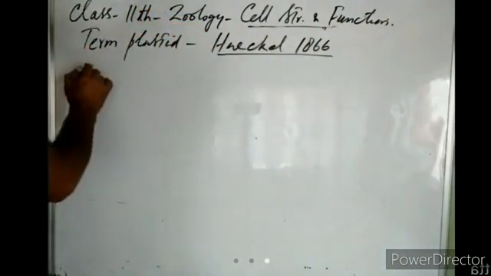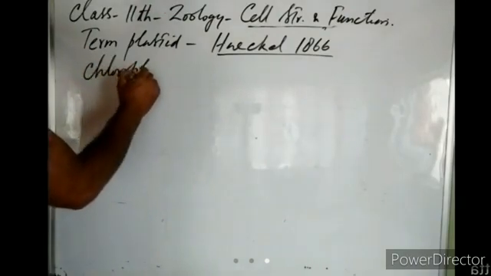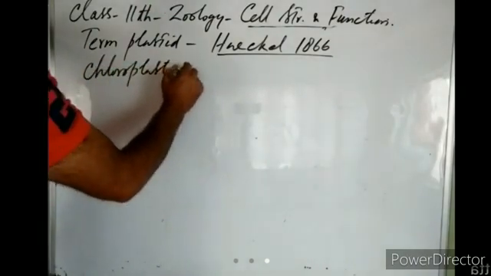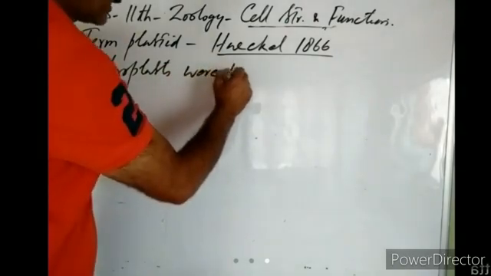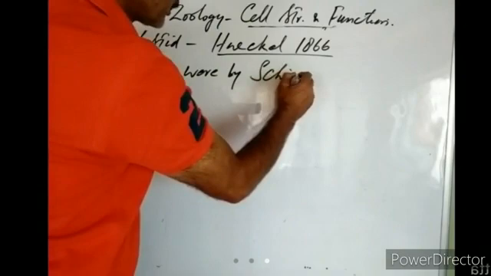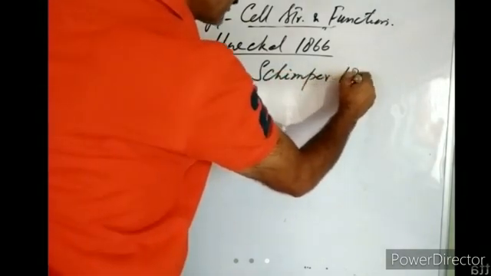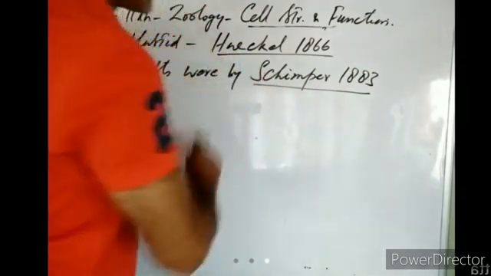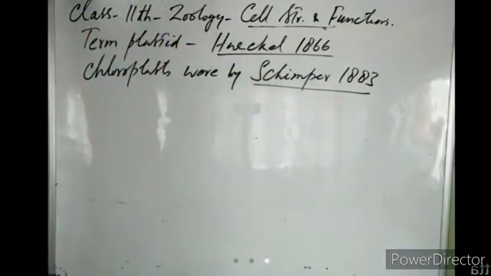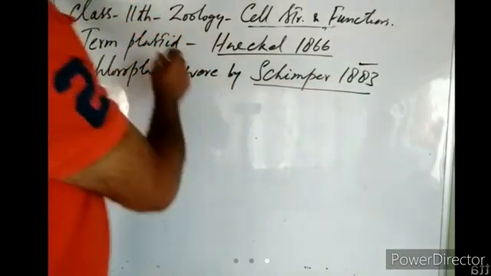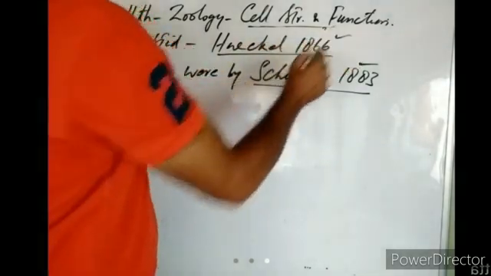And chloroplasts were named by Schimper in 1883. The chloroplast was first seen by Anton von Leeuwenhoek in 1670. However, the term chloroplast was coined by Schimper in 1883, and the term plastid was coined by Haeckel in 1866.